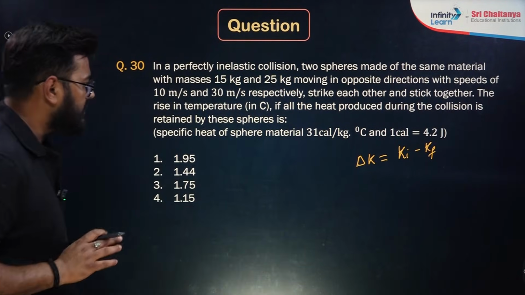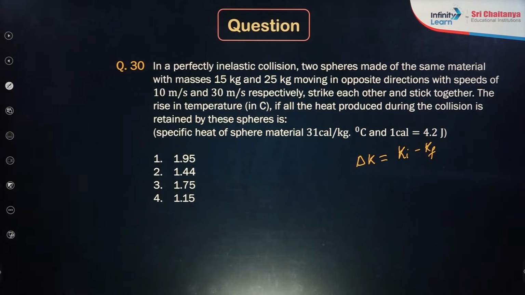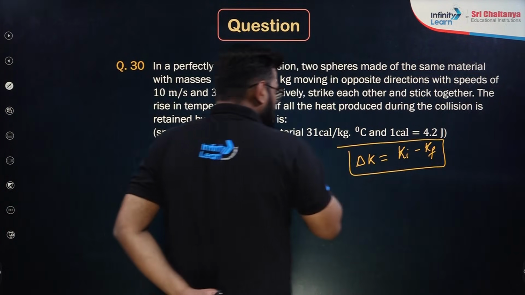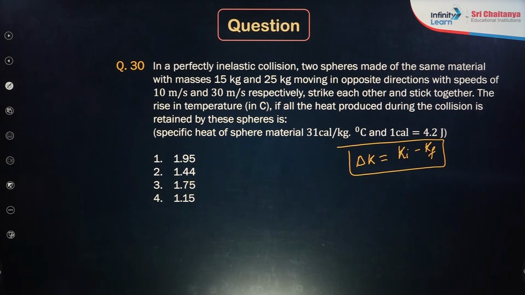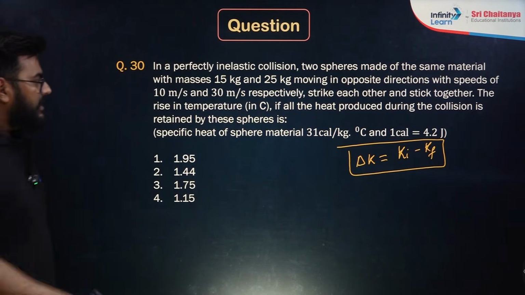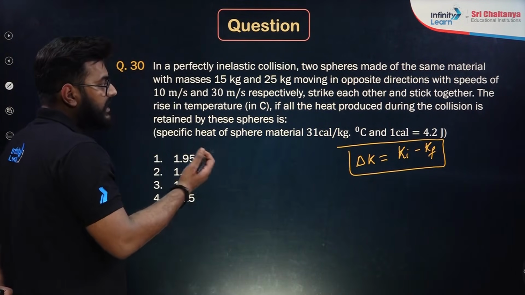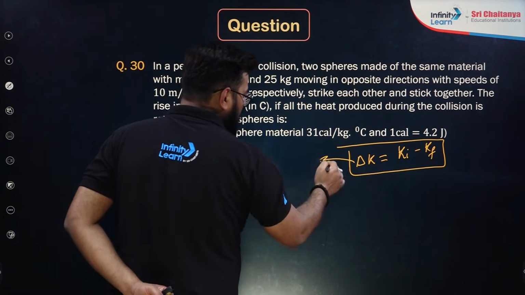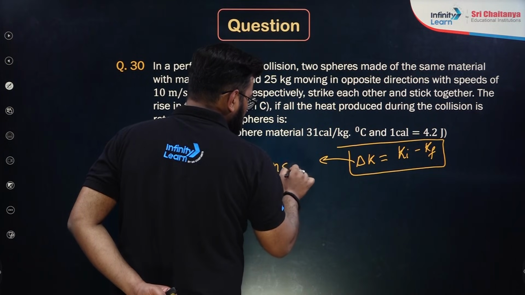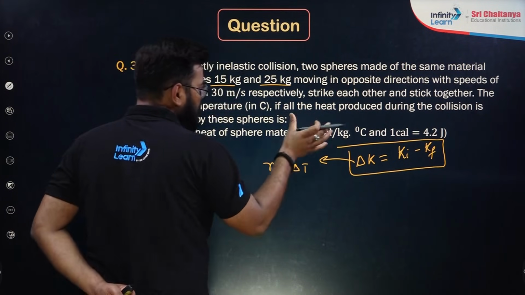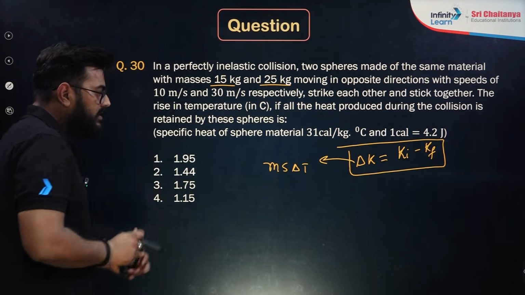Okay, perfect, sir. Now when the final kinetic energy is placed and you are able to find the value of delta K, then this energy is actually going to be used up in increasing the heat energy. So this delta K will be placed as m s into delta T, where m is going to be the mass, which is 15 plus 25, because they are both sticking to each other.